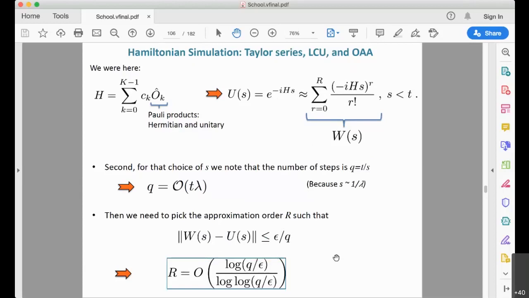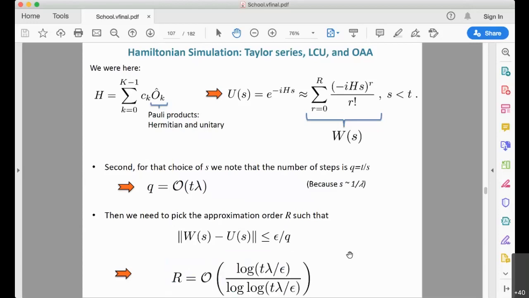This is the key reason why the complexity of the method is only logarithmic in precision rather than polynomial, as in the product formulas. In the Taylor series approximation, I can put the cutoff at an order R that depends only logarithmically on the inverse of epsilon.